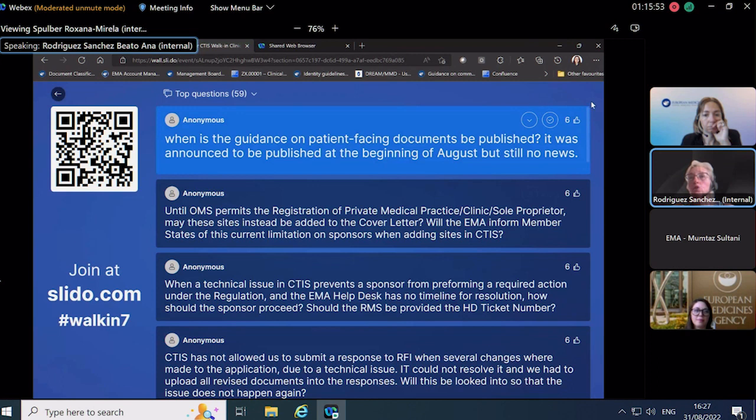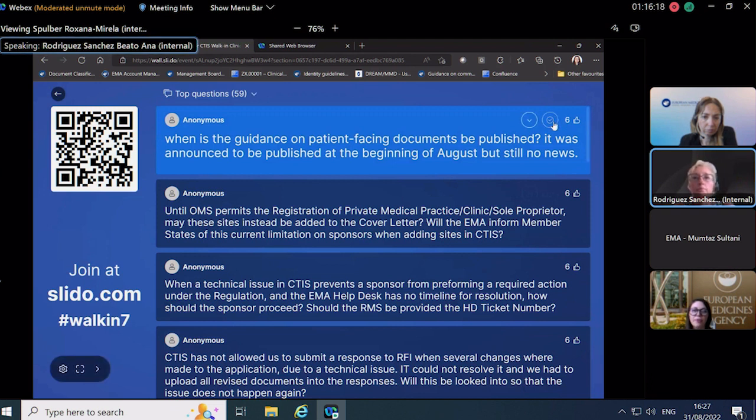But this is not under the remit of EMA, it's under the remit of the Commission to publish this advice. I think it's part of one of the Q&A, and I presume this is what you are referring to. But for example, videos related to advertising, recruitment, or things like that.